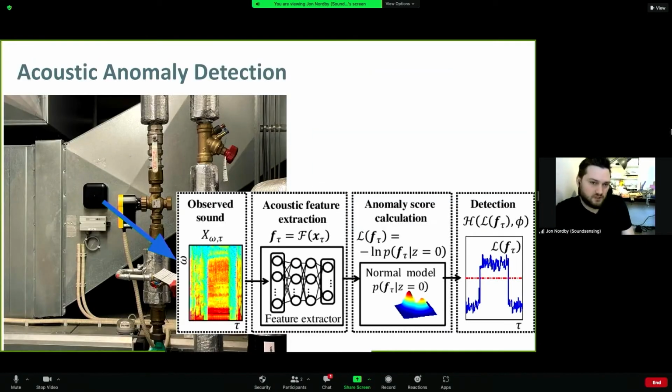So when we do this acoustic anomaly detection, we have a basic flow of data. You have the sensor installed in a location of interest. There's some ventilation shaft behind, and there are some valves of a cooling system in the front. And we have some sound that comes in. This is a waveform.